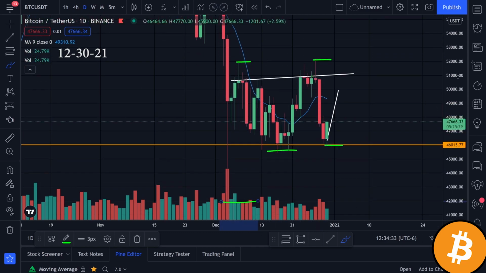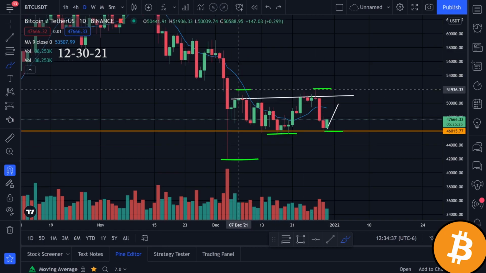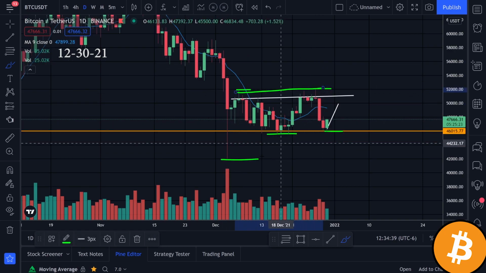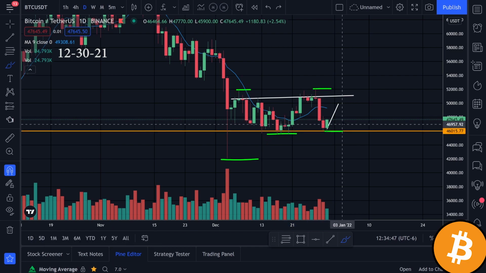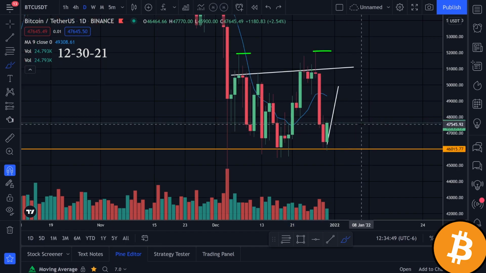Basically, in my opinion, it looks like this was lower than this one, so we got a higher high going like this, and then we also have higher lows from there to there, and from here to here is also a higher low. So I think that's a good sign in my opinion.